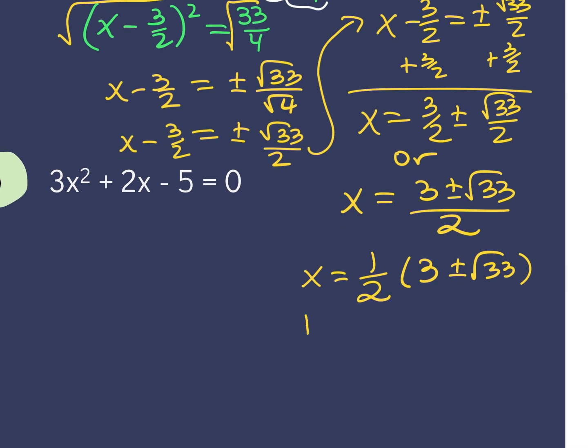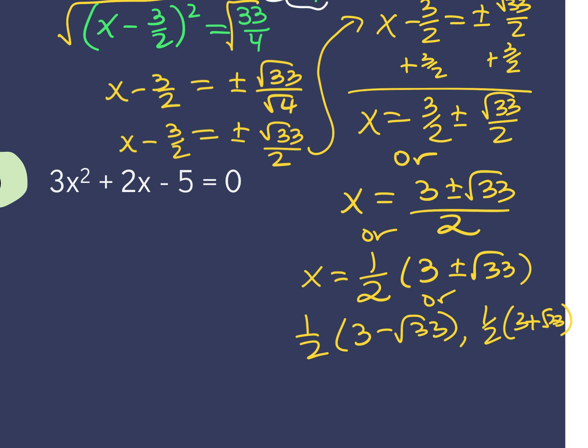And then they'll pull it apart. 3 minus radical 33, comma, 1/2, 3 plus radical 33. So all these are all different versions of it. Be able to recognize it, because you never know what's going to happen on, say, an SAT. All right, now the harder one, and I guess we'll do the harder ones tomorrow. Got through half of them.